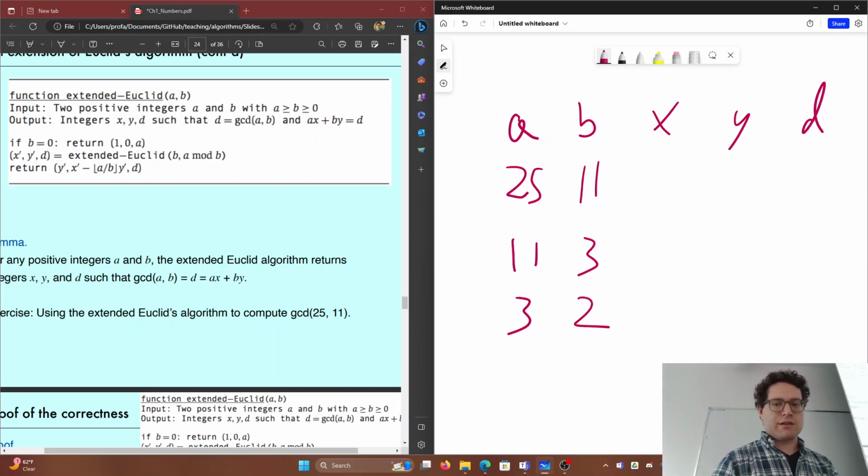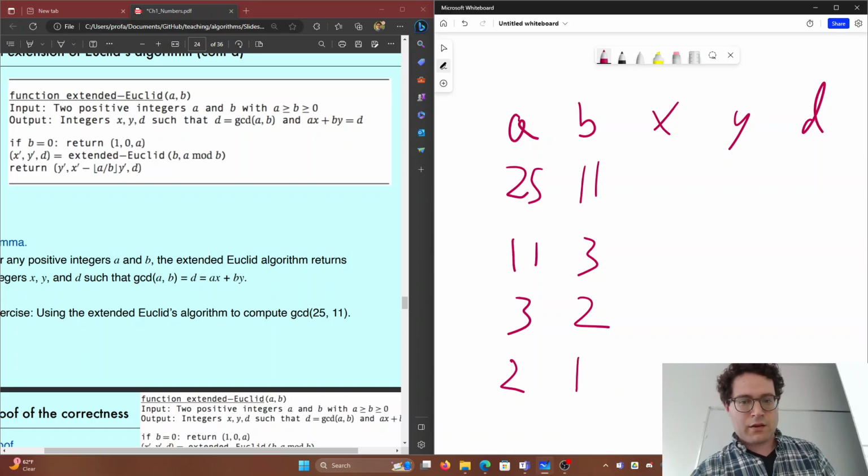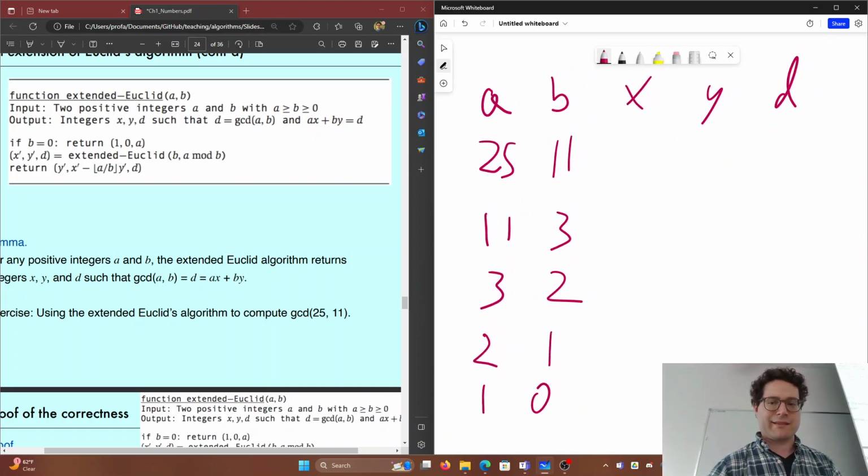Okay, now we do this again, which is 3 mod 2, which will be 1, and then this last column will be 1 and 0. So now that we're at this last column, we can actually get cracking at this, because we see b is equal to 0, so we return 1, 0, and a, which is 1.